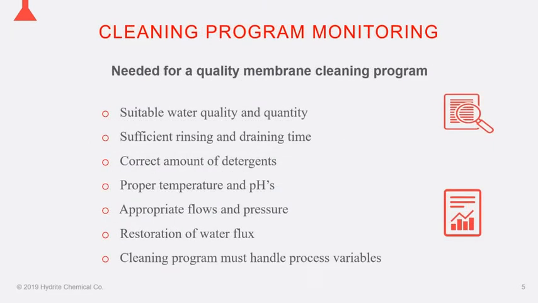In order to have a good cleaning program, you need to have these valuable items. A good cleaning program ensures that we have suitable water of quality and of quantity.